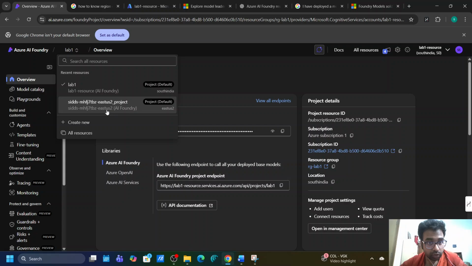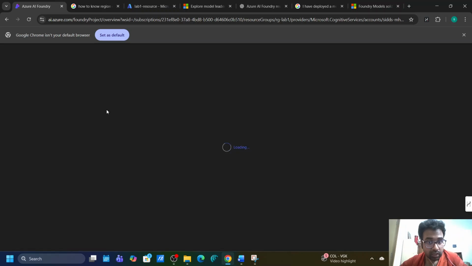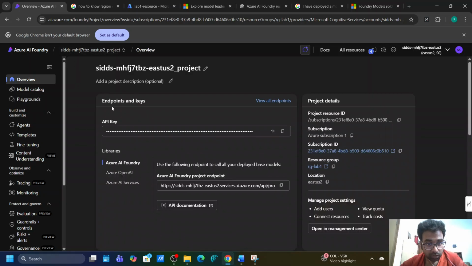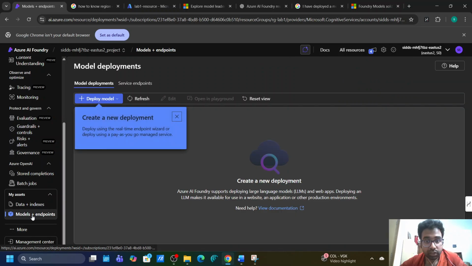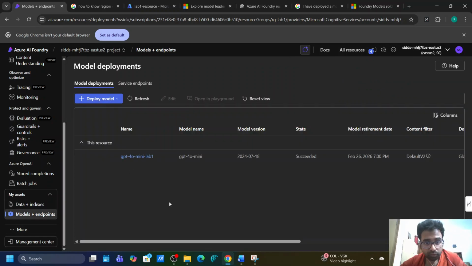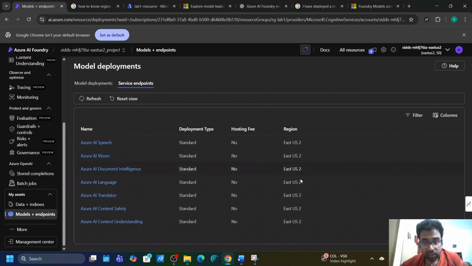If we go to the project that was created by Azure, and go to the models and endpoints for this one, you will observe that it is the same model deployed. And now all these service endpoints are in East US 2. These are not in South India. So that's the difference.